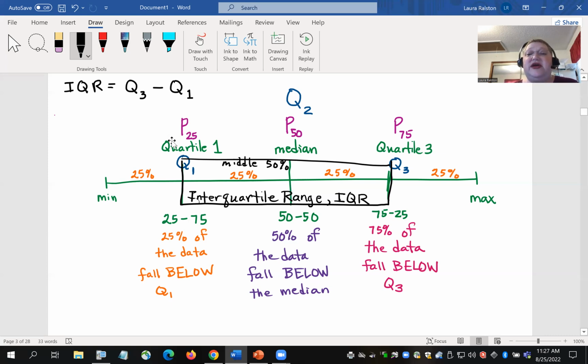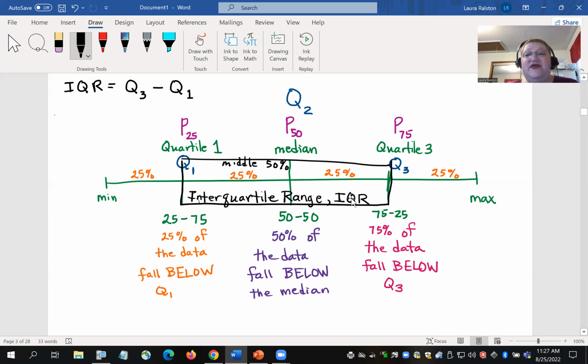I'll also mention, but I'll formalize it for you, on this diagram you have the 5-number summary, which is actually a very detailed rough sketch of a box plot.